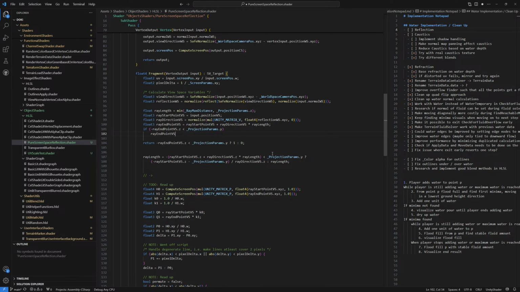So it is equal to lerp, ray start point vs ray end point vs, inverse lerp, ray start point vs dot z negative. Do we care about negative here? I don't know. Ray endpoint vs dot z.